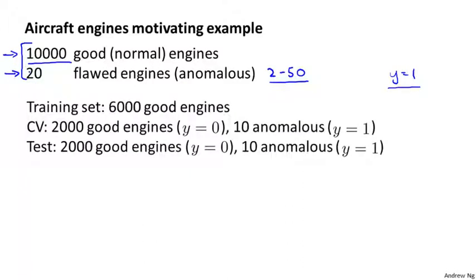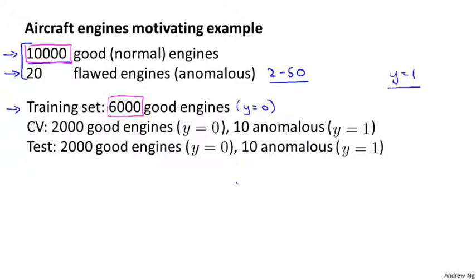Let's take our 10,000 good aircraft engines and put 6,000 of them into the unlabeled training set. I'm calling this an unlabeled training set, but all of these examples correspond to y equals 0 as far as we know.